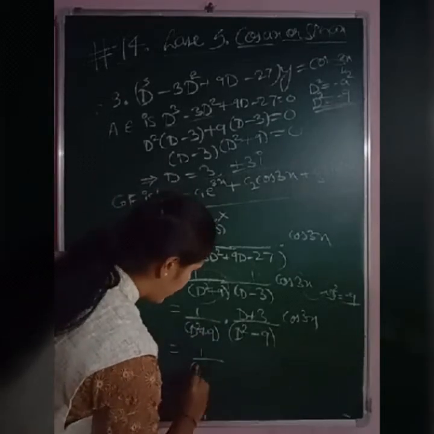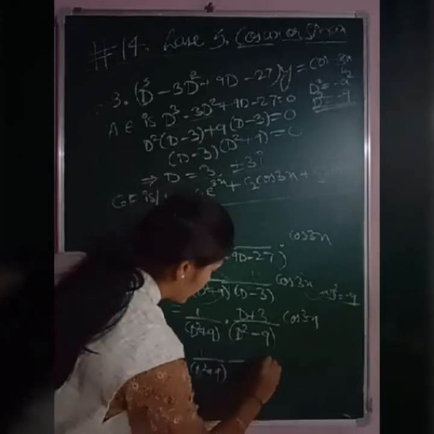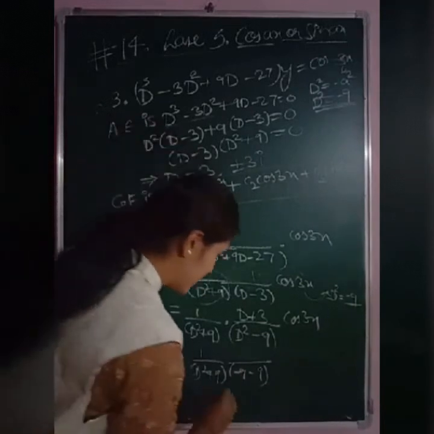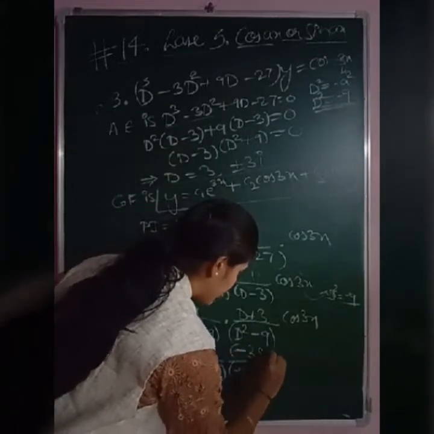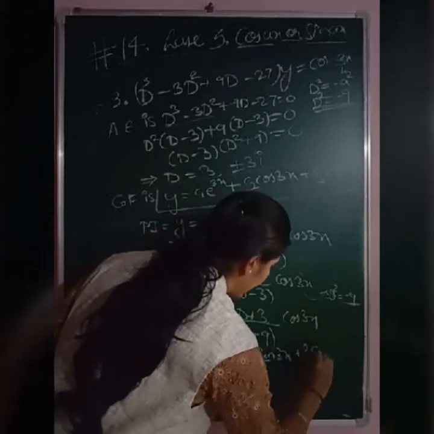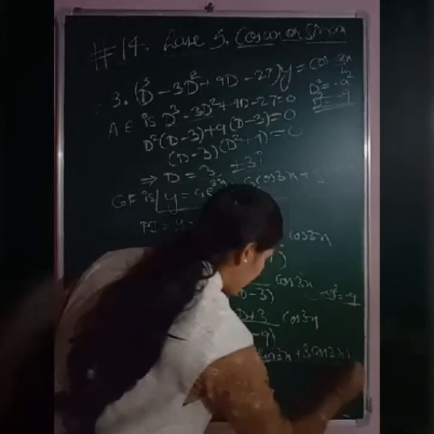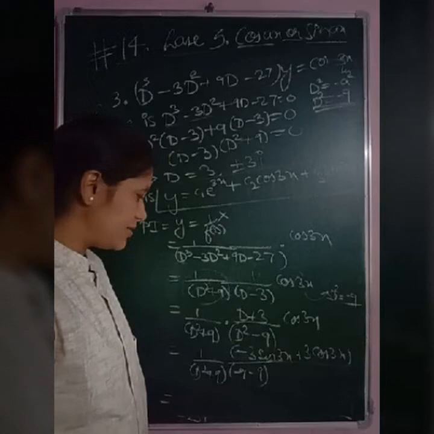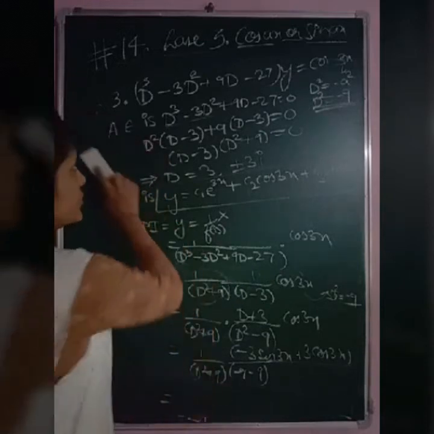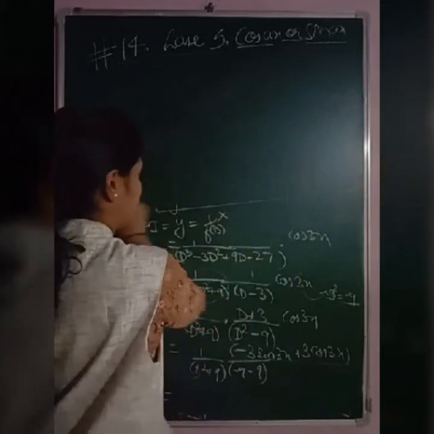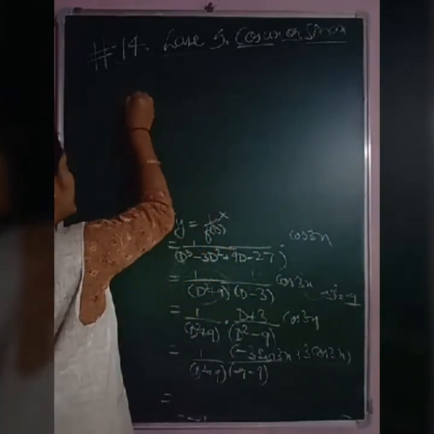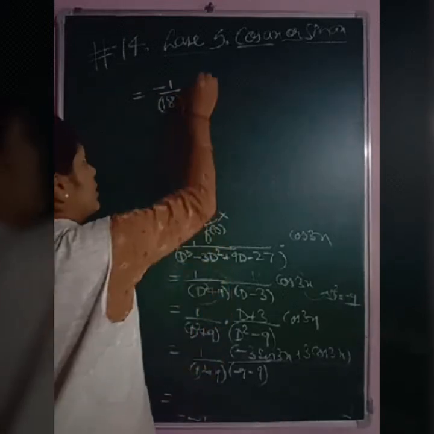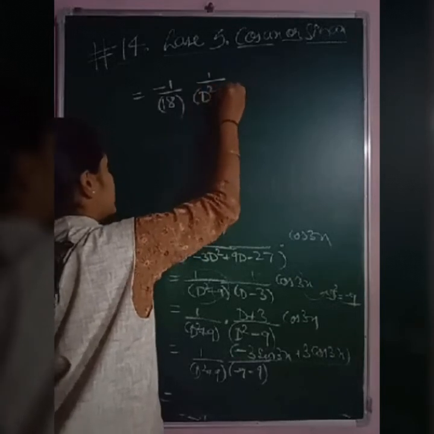So this can be written as it is, 1 upon D square plus 9 as it is. What about this? Minus 9 minus 9. What about this? Differentiation of cos 3x is minus 3 sin 3x plus 3 cos 3x. Right? So this is nothing but, let me take this outside common, minus 1 by 18. So that is nothing but minus 1 by 18, now that is nothing but 1 upon D square plus 9.